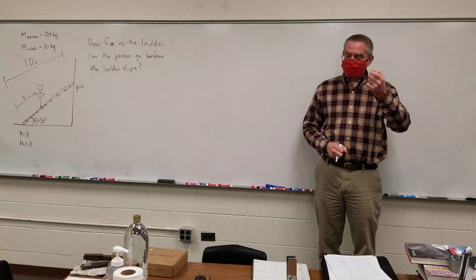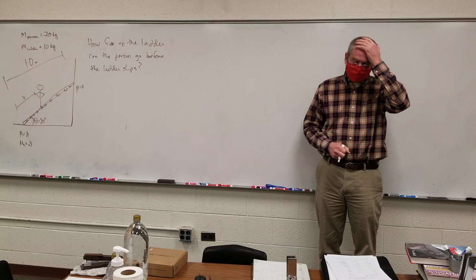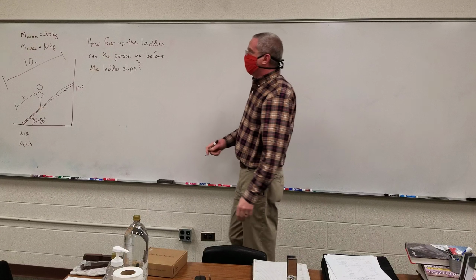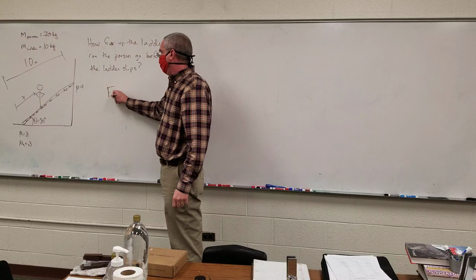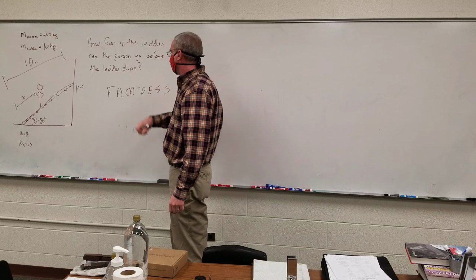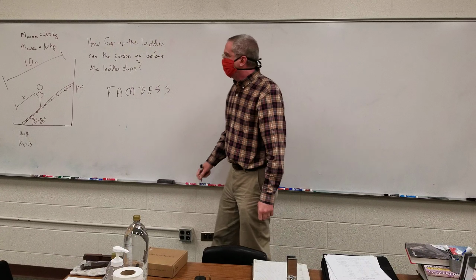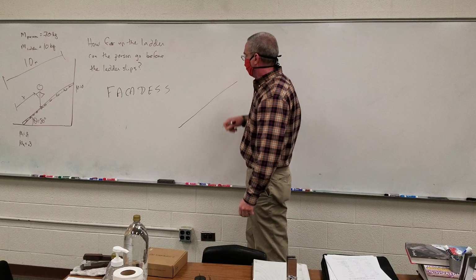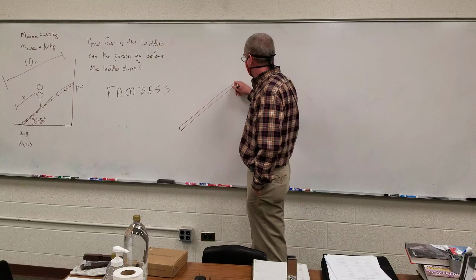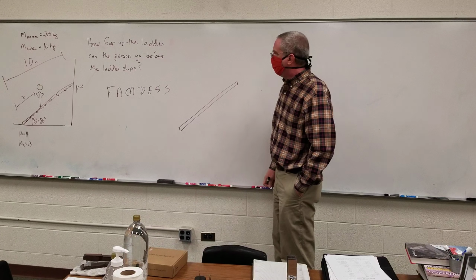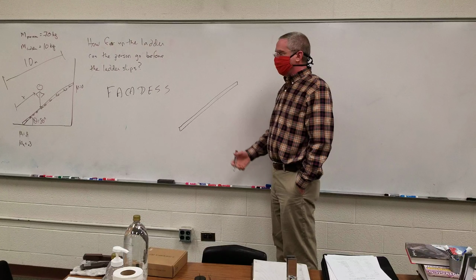We're going to go through the exact same steps as we have been all along. Force diagram. Now we're sophisticated enough that I don't have to draw in everything. All I really need is the ladder here. What are the forces acting on the ladder?